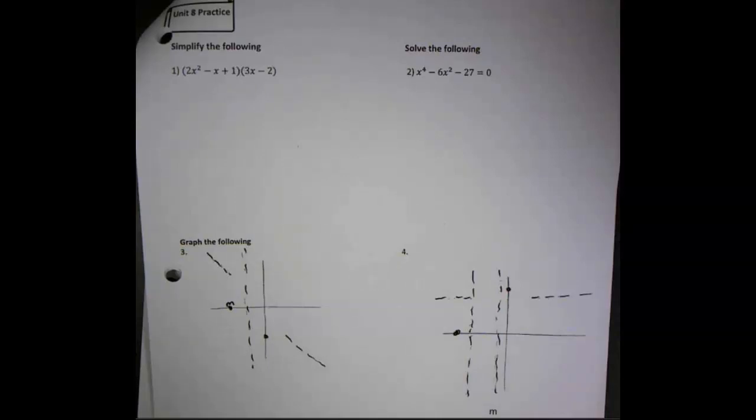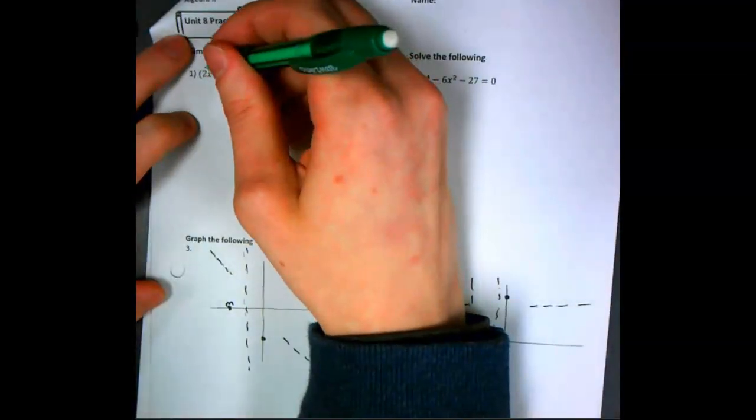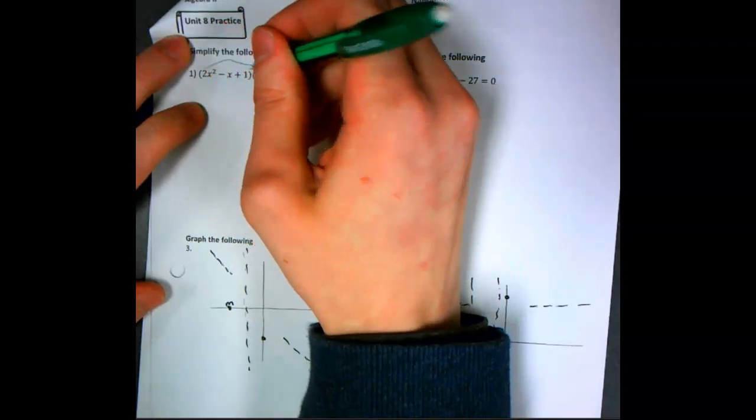Okay, so tonight we are working on problems 1 through 3. For this first one, you are simplifying. That means that you're just going to be expanding this. So you're going to distribute, or double distribute, I guess you guys call that.